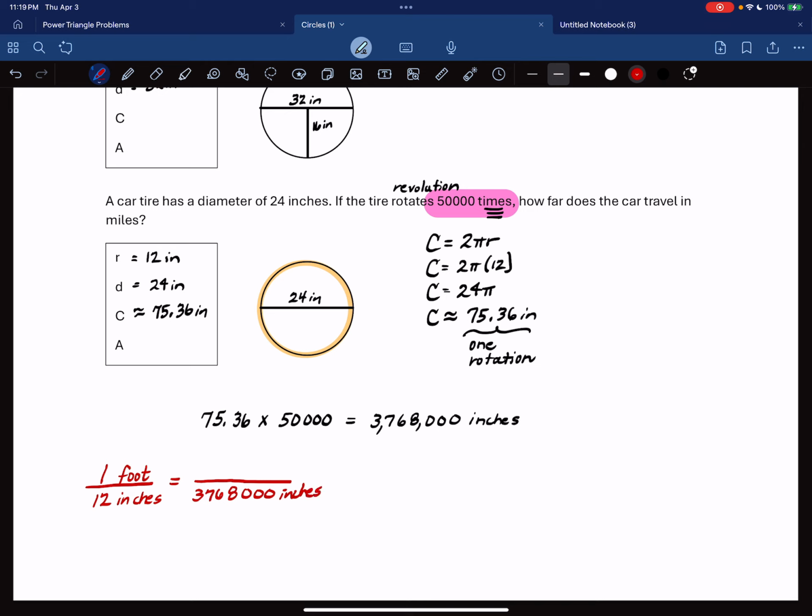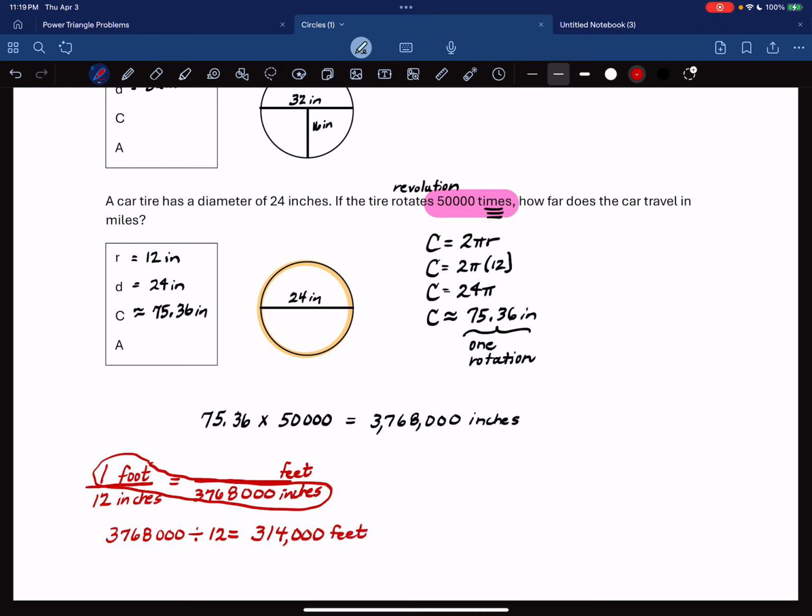And we're going to find out the equivalent number of feet for that number. So you get 3,768,000 divided by 12. And let me do that and pray it comes out evenly. Yes. Ooh, I like this number too. Okay, that is 314,000 feet.